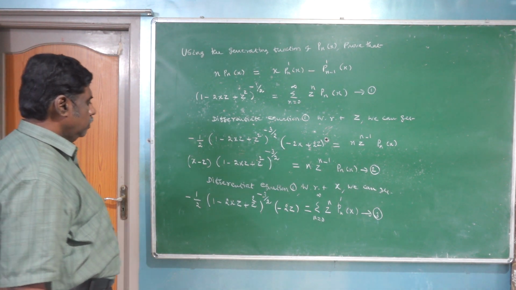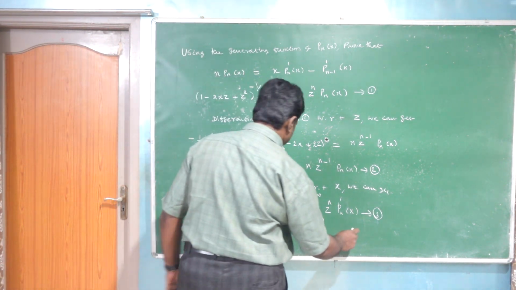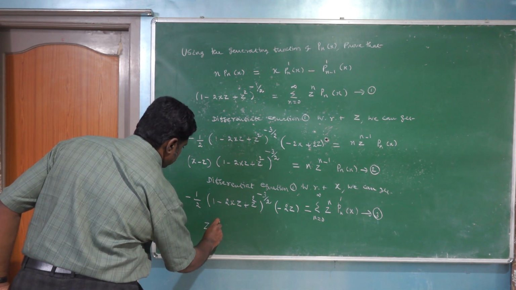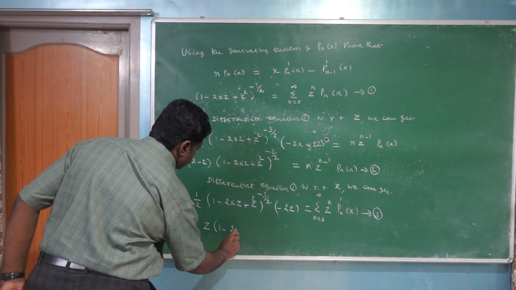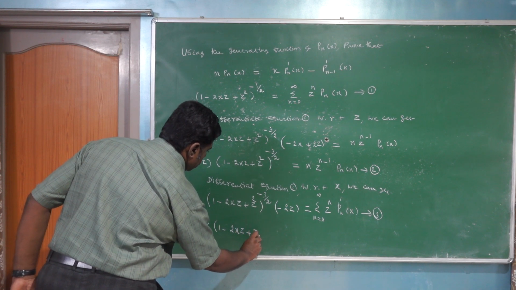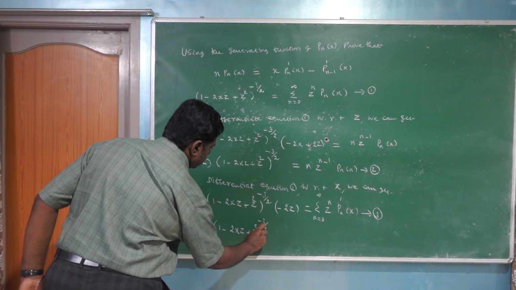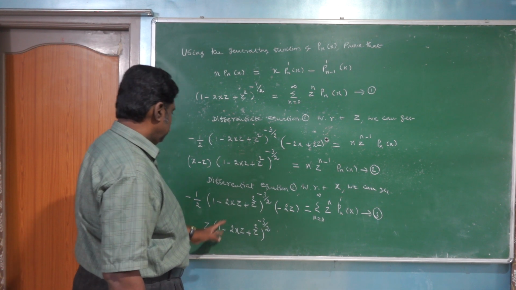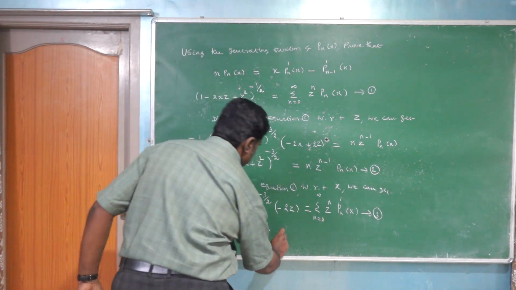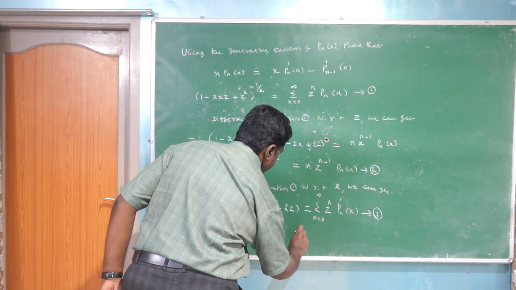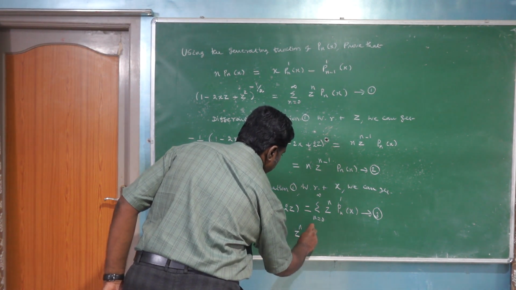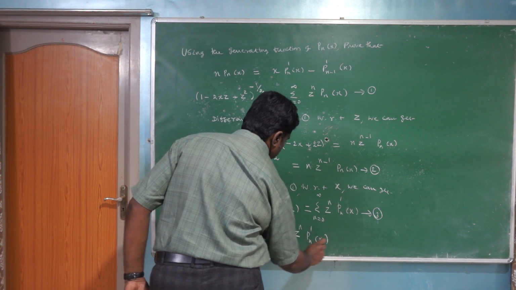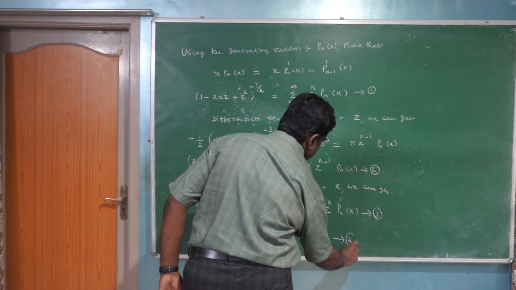Now, this is modified as z into (1 minus 2xz plus z square) power minus 3 by 2. Here, minus and minus 2 get cancelled, so z into this term is equal to summation of z power n Pn dash of x. This is equation 4.